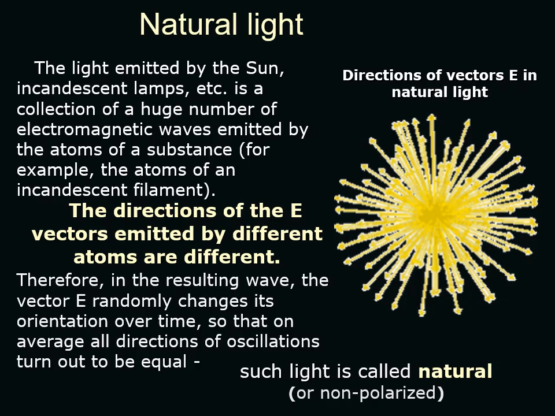If the light source is not a heated device, for example our phone, or is light reflected from some surfaces, then we will no longer see such a picture with approximately, or statistically, the same long vectors.